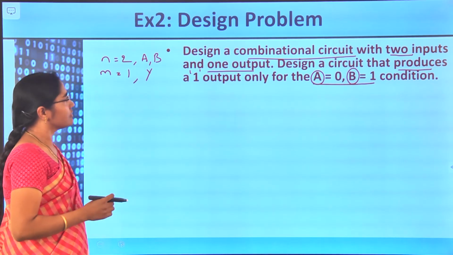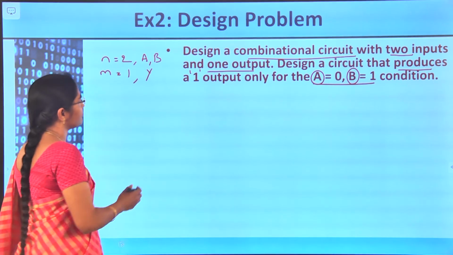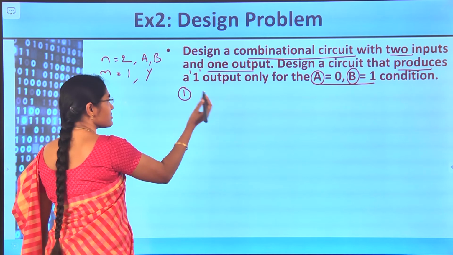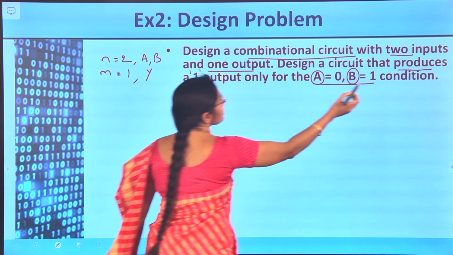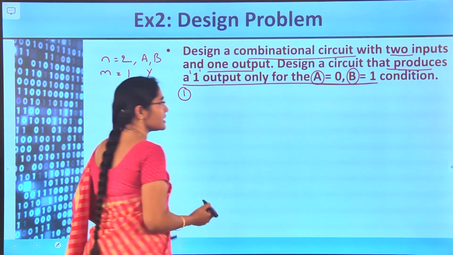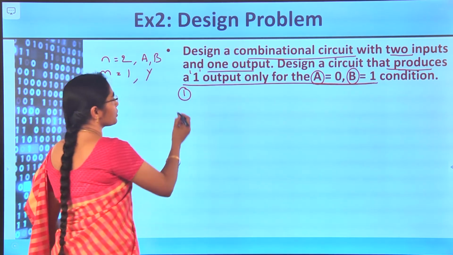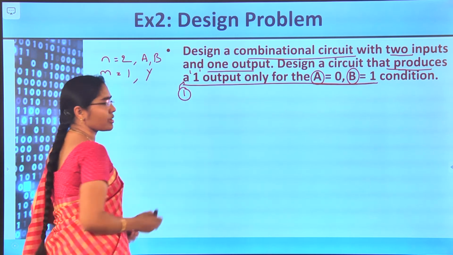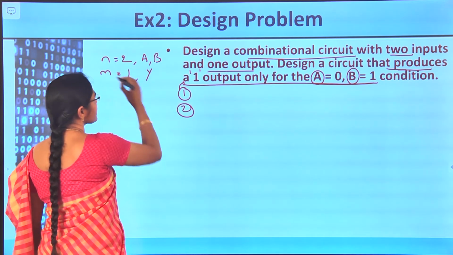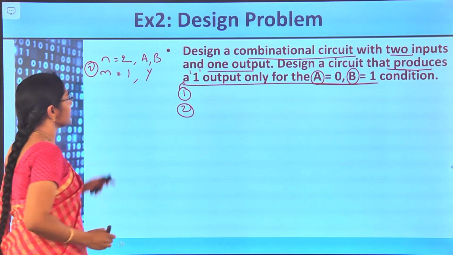So, our first 3 steps are finished. What is the first step? The problem statement: the output is equal to 1 when A is equal to 0 and B is equal to 1. Then what is the second step?